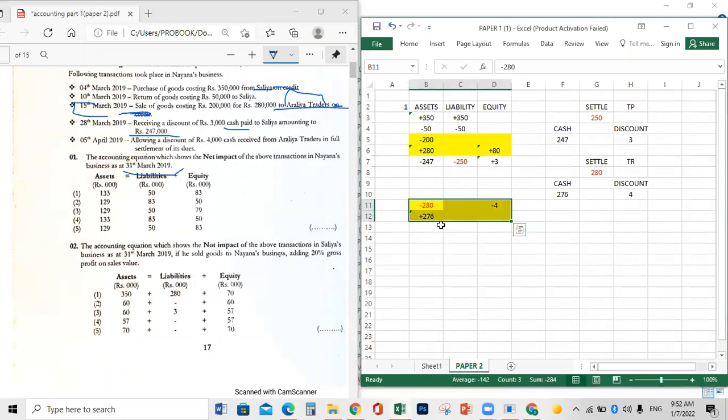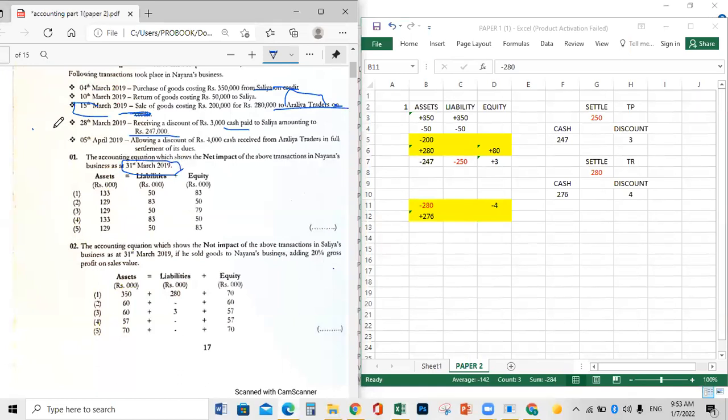So guys, I was about to make a mistake here, and you can also do it in the exam when you don't read the question carefully. Always, before you do anything, read the requirement, read what they are trying to ask you. Here they are only asking you up to 31st March.